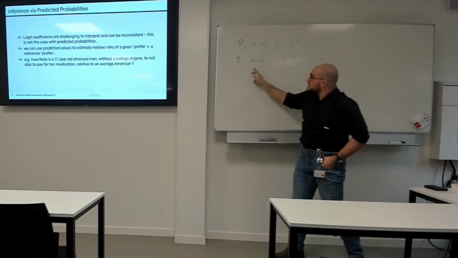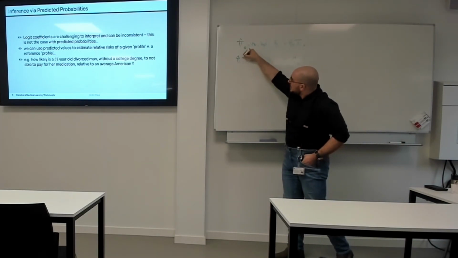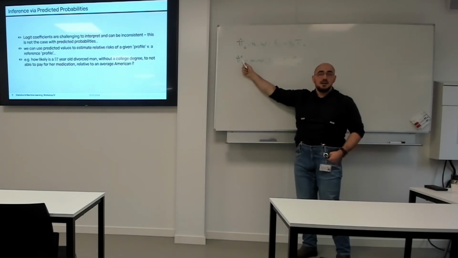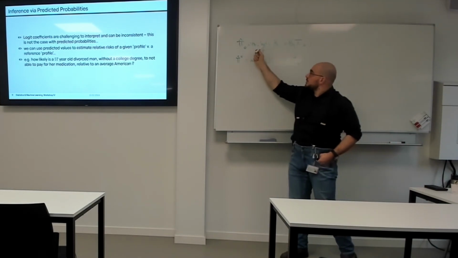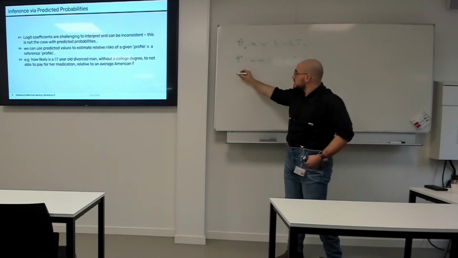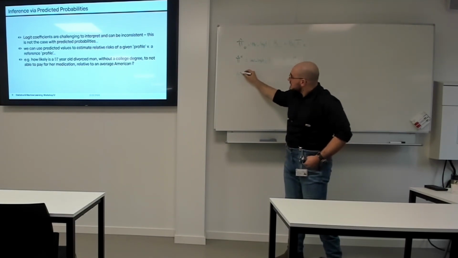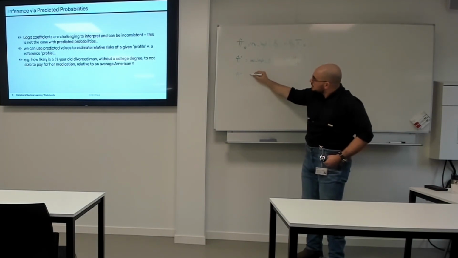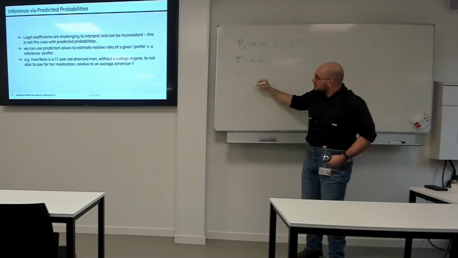So this now gives me the probability of an individual voting for Trump if you're highly educated. And then I have the probability of voting for Trump for the average American. And now I can calculate the risk difference between the two. So I can say the probability of voting for Trump if you're highly educated minus the probability of voting for Trump for the average American.